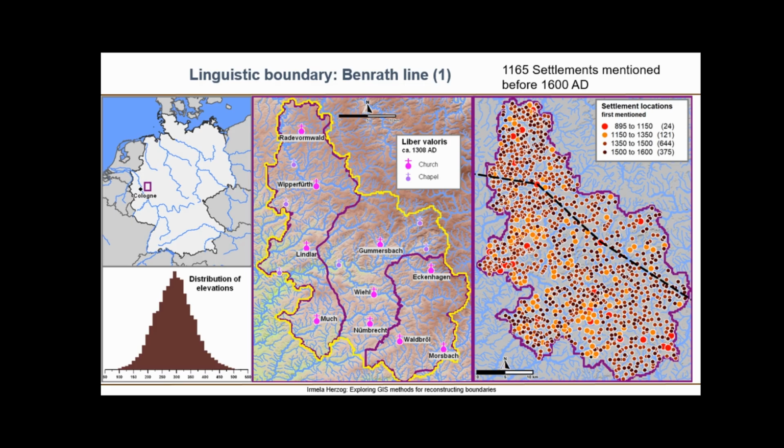You probably will not know the area, but you see Waldbröl down there, and this is a famous place where Axel Posluszny, the former president of CAA, went to school.